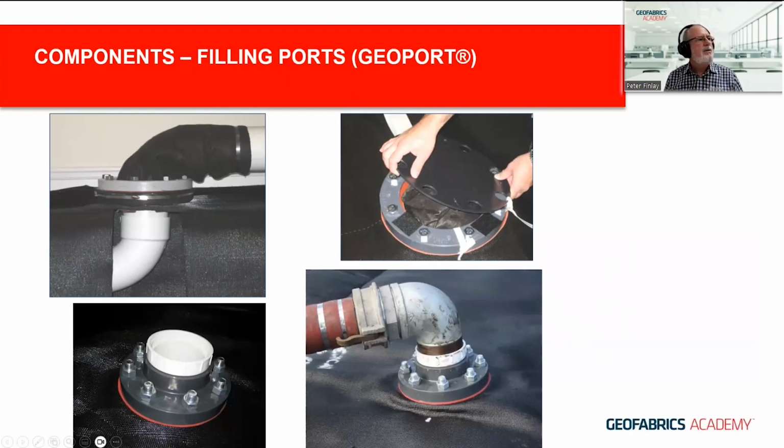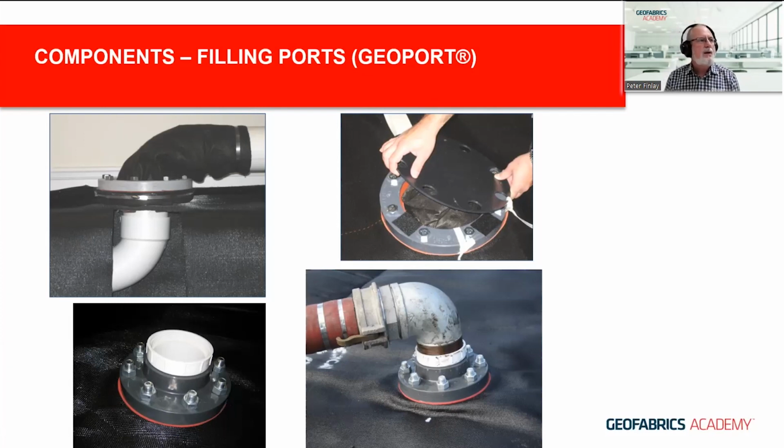The other important thing is the filling ports, and some developments over time have been structured filling ports rather than just the elephant's trunks, which initially were a point of potential failures.